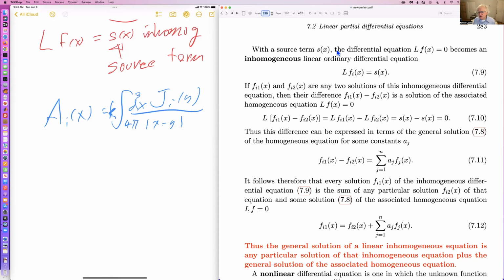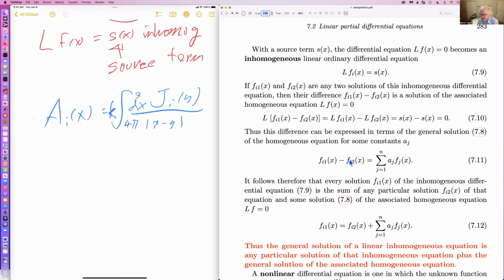Now, when you introduce a source term, the homogeneous differential equation becomes inhomogeneous. You might think, oh, this makes things much worse, but no, it actually only makes things slightly worse. Because if you have two solutions of this equation and you subtract them, the source term goes away.